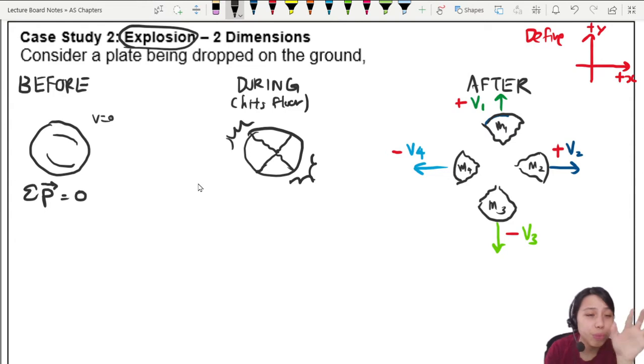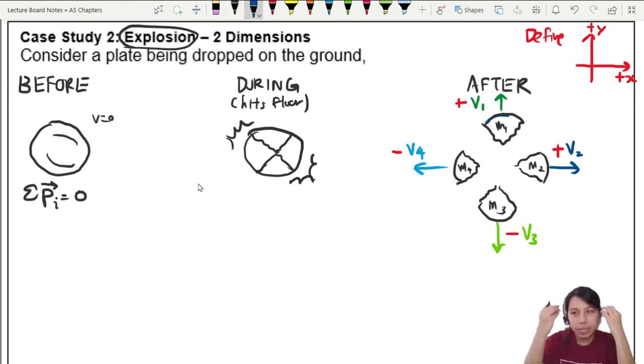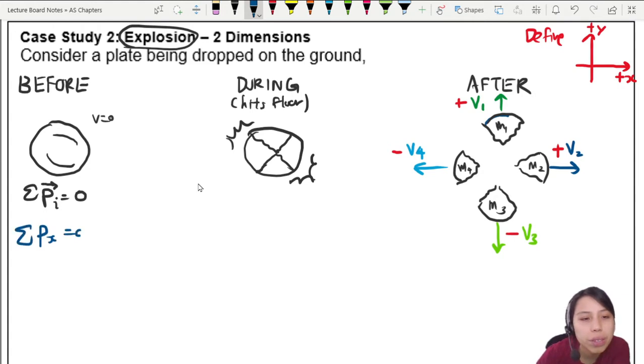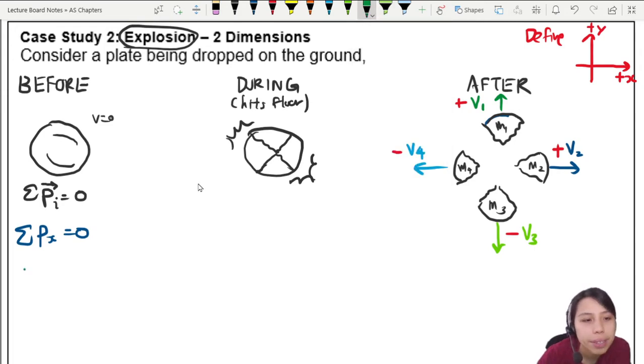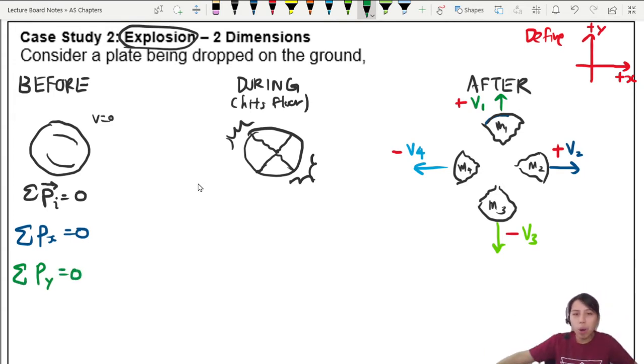That's initial, before anything happens, so let's put a P_i, i for initial. You can break this momentum vector down into components. Horizontally, the total momentum P_x is 0. Nobody is moving. Vertically, let's call that P_y, the total momentum is also 0. Nobody is moving up or down. All 0.